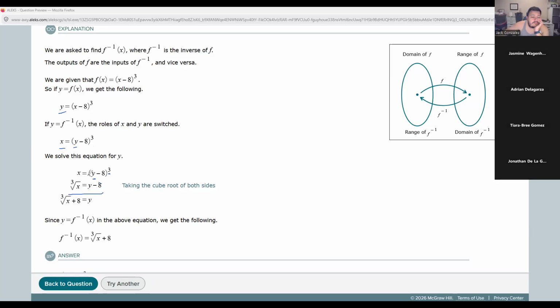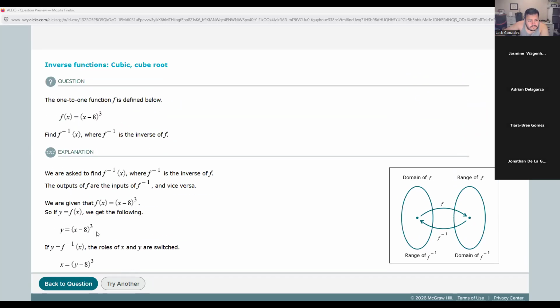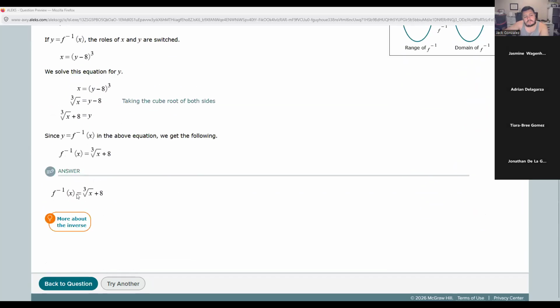Then you add the 8 over there, which gets us to here. So this is our inverse function here. Once we have that, just graph this guy either on your graphing calculator, Desmos, or by hand if you want, and you'll see the domain. But they didn't ask for it, so cool. They just want this.